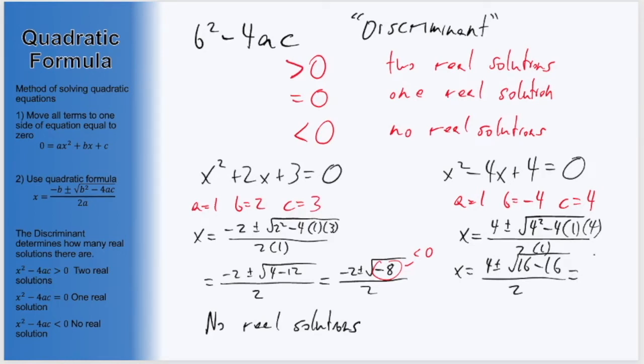And what we're left with under the square root here is 0. So our discriminant in this case is 0. Taking the square root of 0 gives us 0, and our solutions become 4 plus or minus 0 all over 2. Now whether we add or subtract 0 from 4, we're still left with 4 over 2, giving us just one solution of 2. And as you can see, when our discriminant is 0, we only got one real solution.